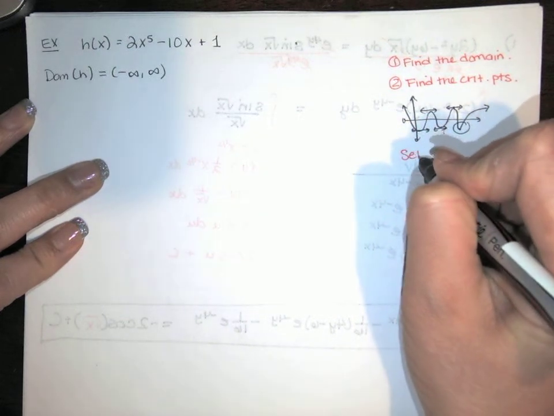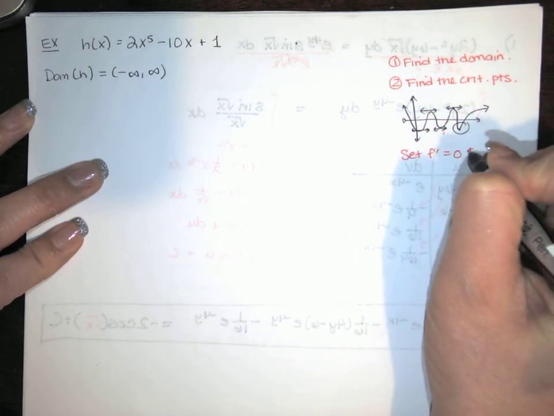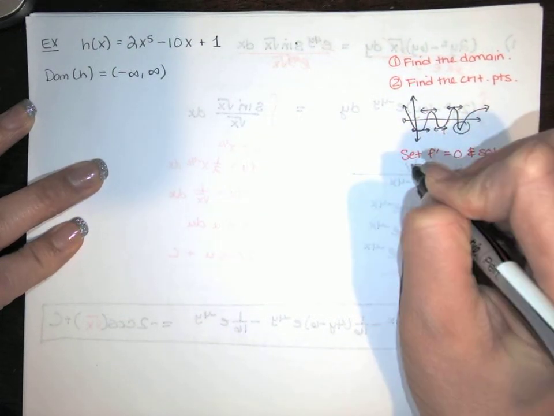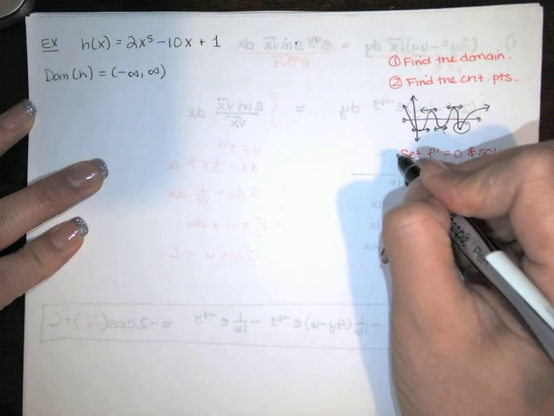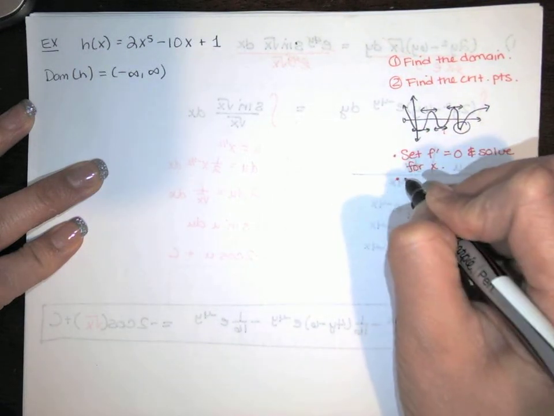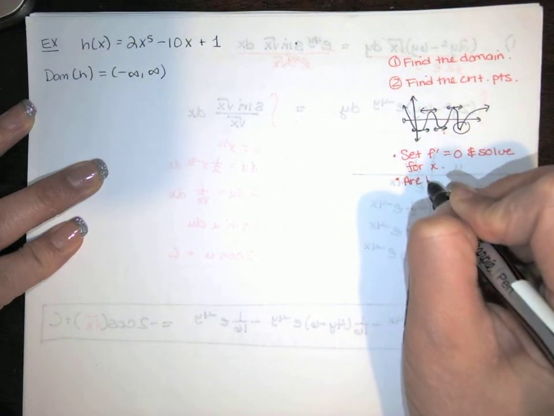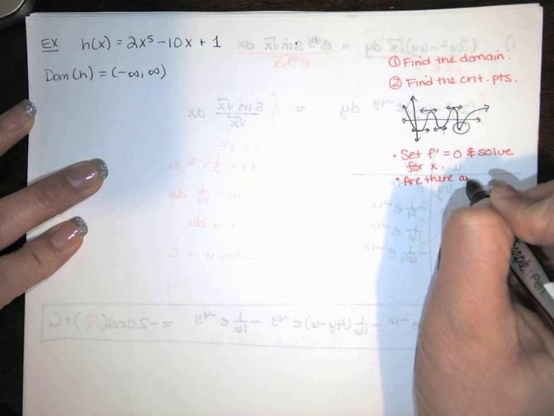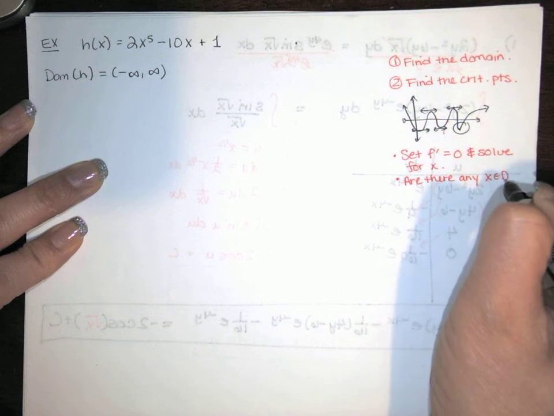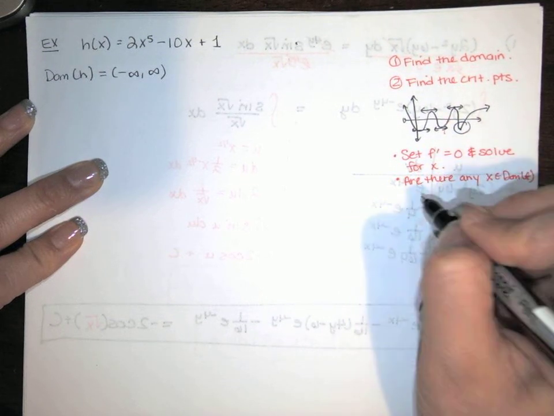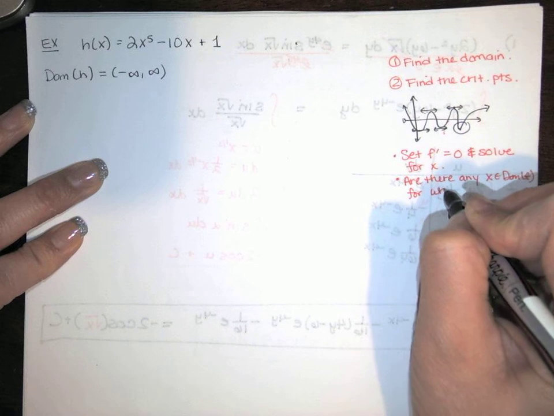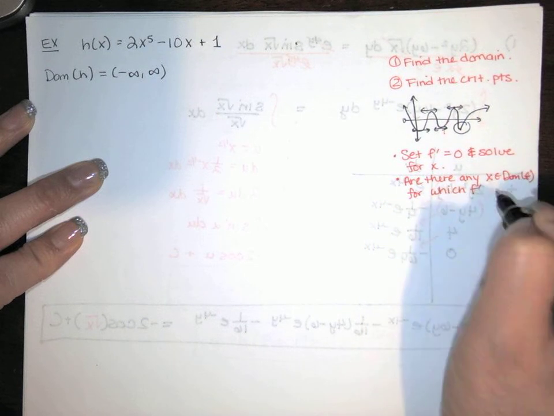So we'll set f prime equal to 0 and solve for x. And then what else will we do? We're going to ask, are there any x in the domain for which f prime is undefined.